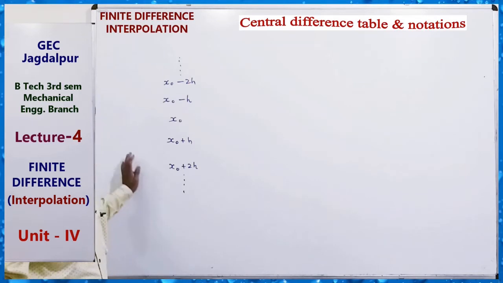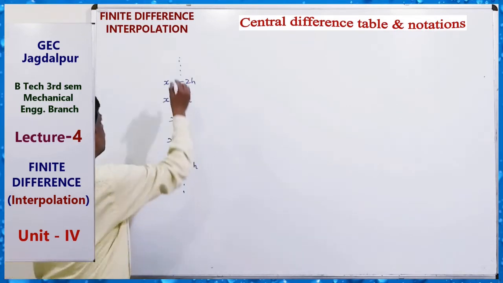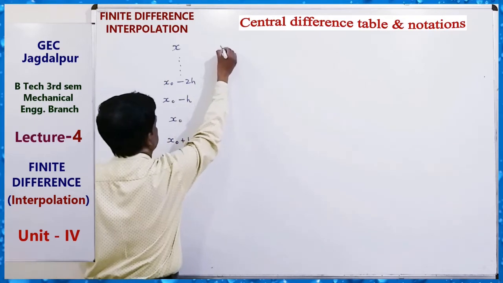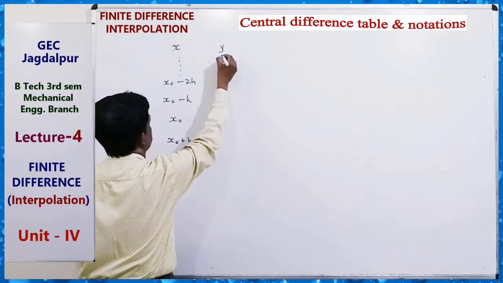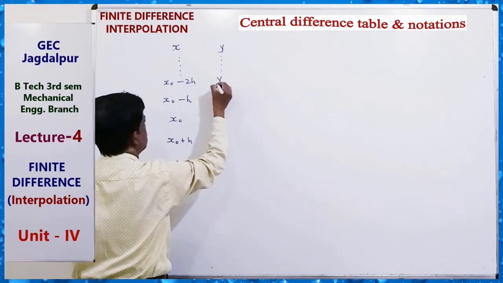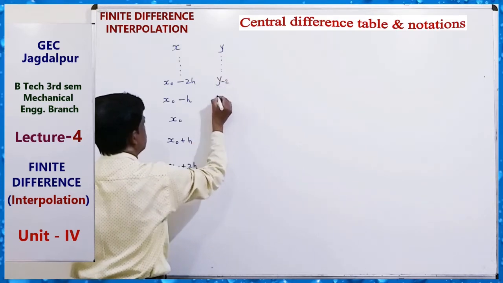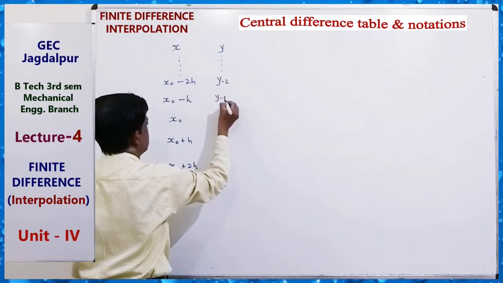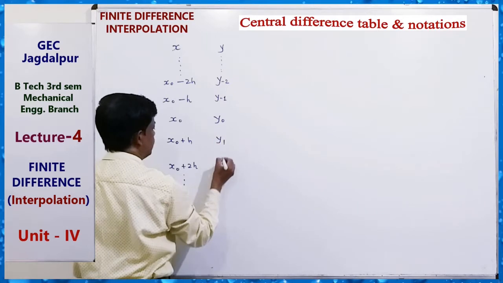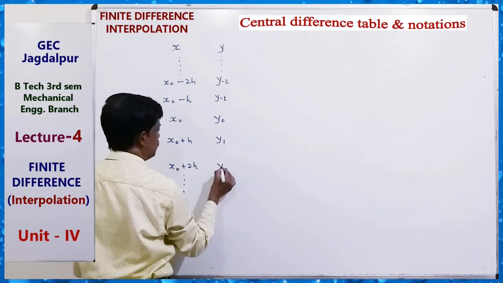We can write the values of x, the argument, and the values of y here: y minus 2, y minus 1, y 0, y 1, y 2, and so on.